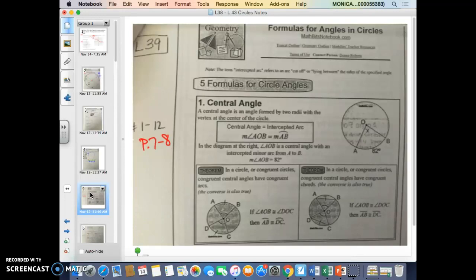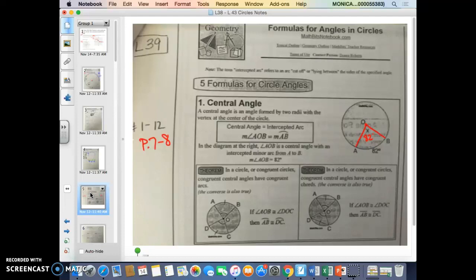All right, some things I want you to notice is that if you have a center and you have an angle, this is what we call a central angle. The angle is equal to the arc. So it doesn't matter where the angle is. If you know the arc is 82 degrees, you will know that the angle is also 82 degrees.